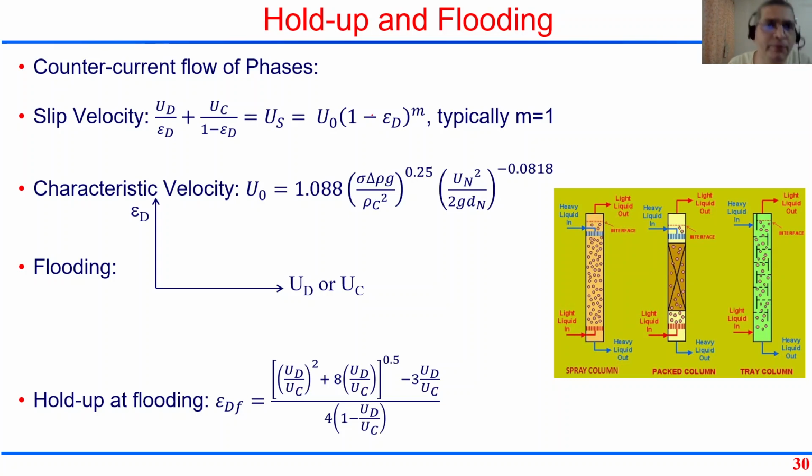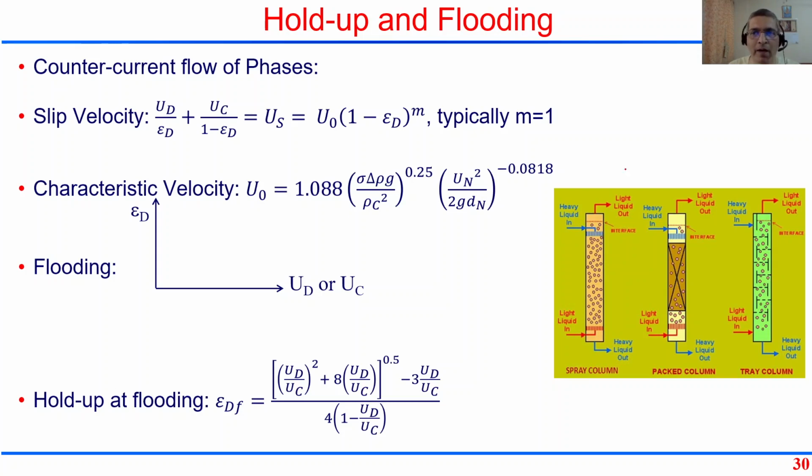Here's the first concept. So think about this. Think about a spray column. In a spray column, you are going to have drops of the dispersed phase going up if it is the light phase that is dispersed, or drops of the heavy phase going down if the heavy phase is dispersed.